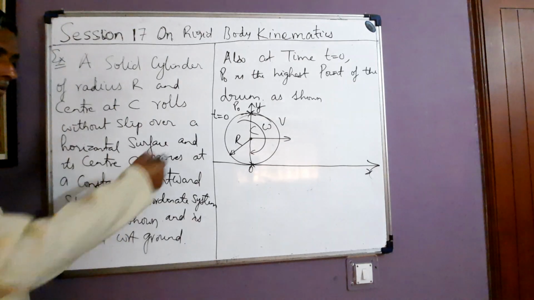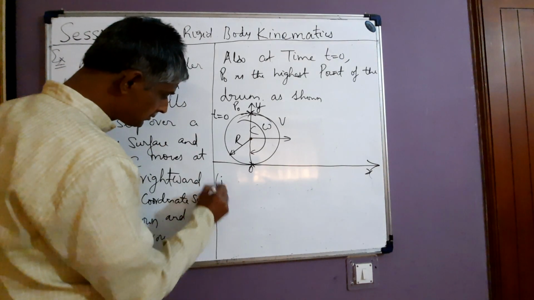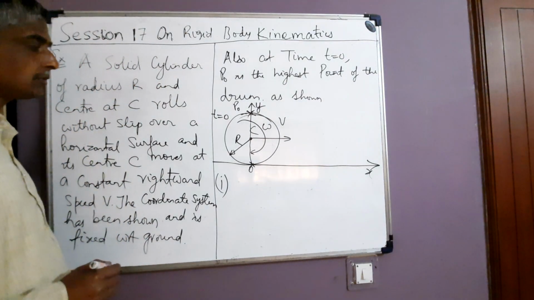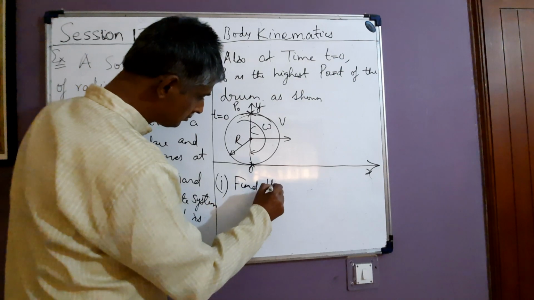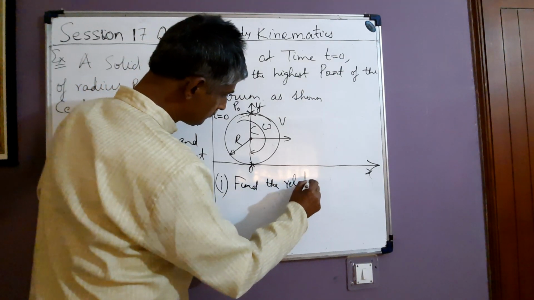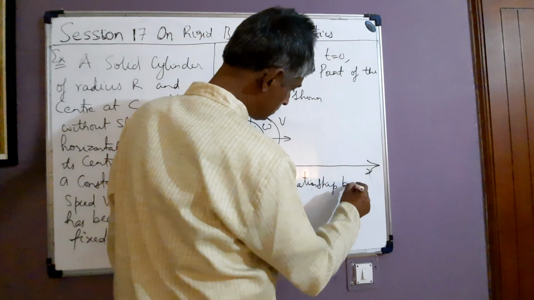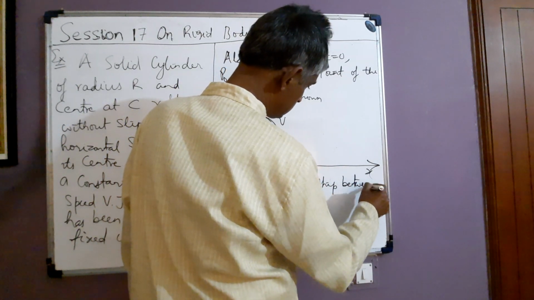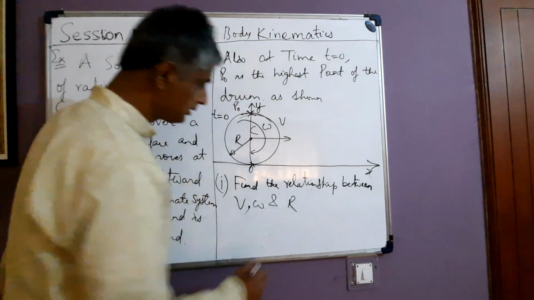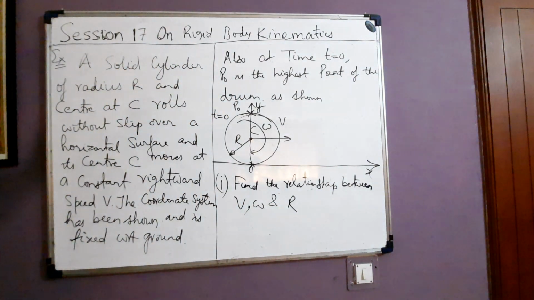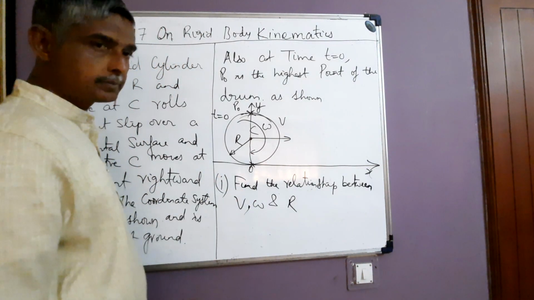Now we have to calculate several things. First thing is this: find the relationship between v, omega and R. Here pure rolling is taking place.